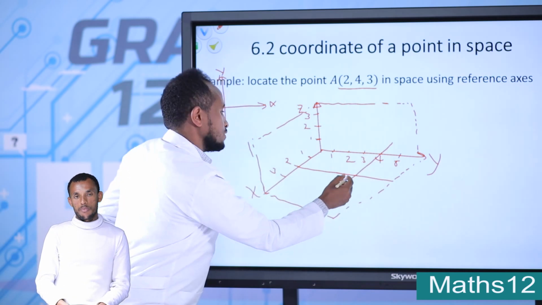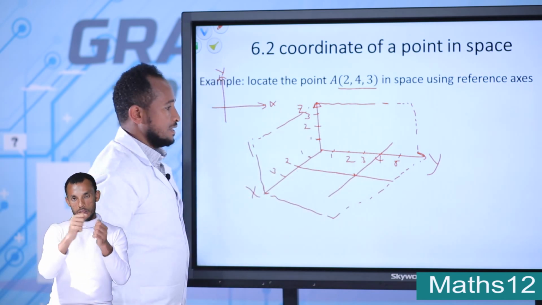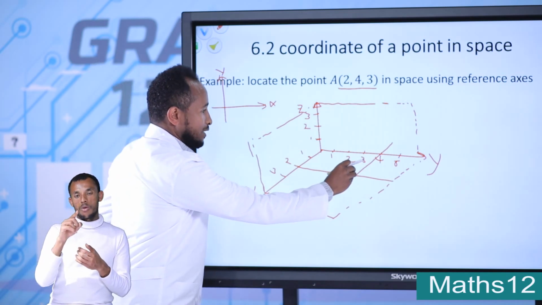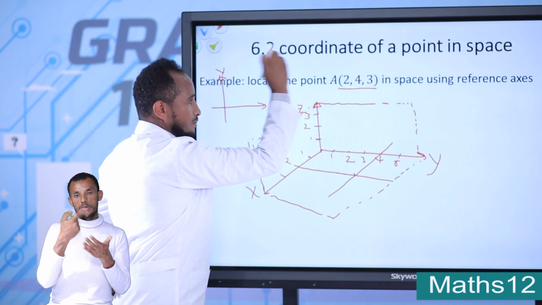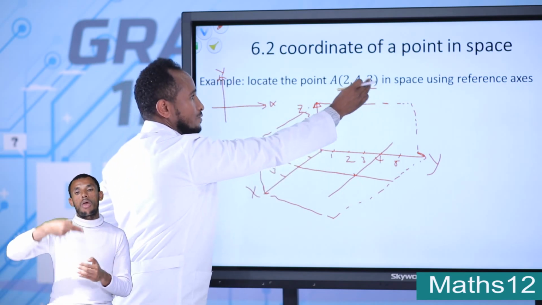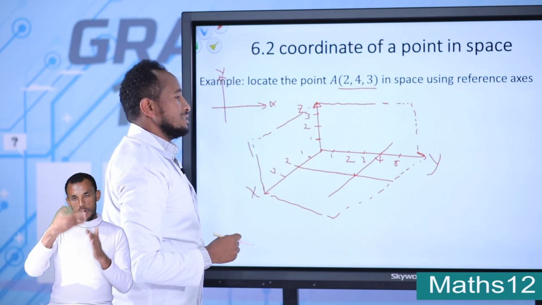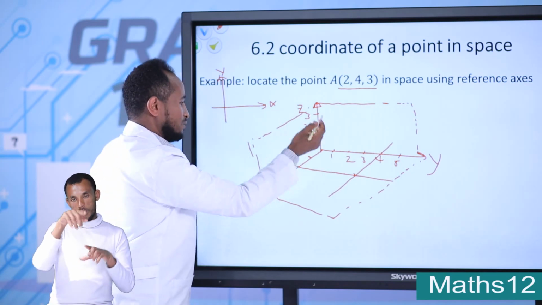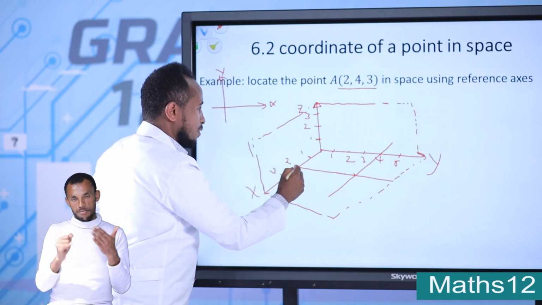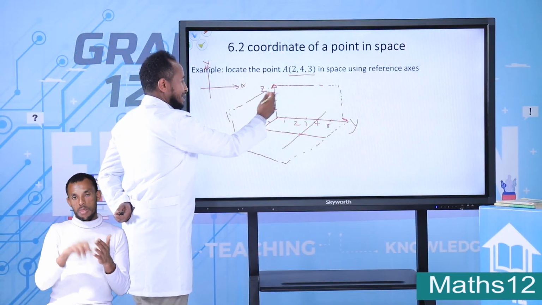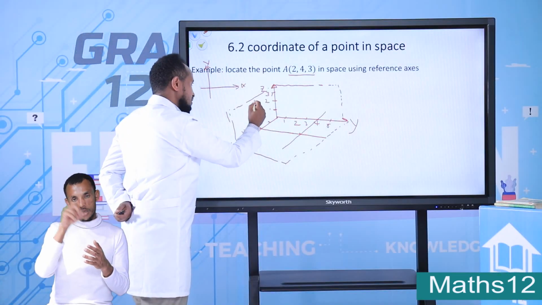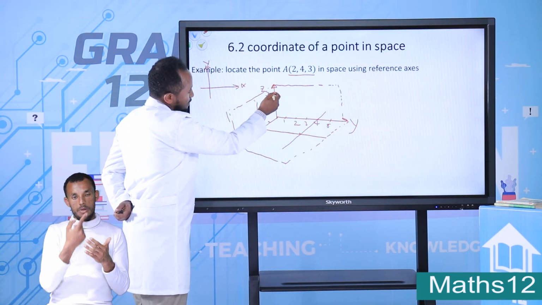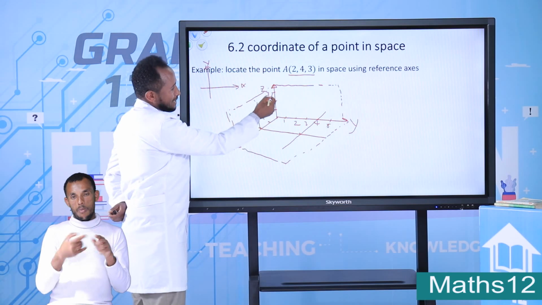So you will have the intersection here, and then lift this point up to the height of z, where the value of z is 3. Or you may draw like this: just draw from this point parallel to the z-axis with magnitude 3. From this, draw parallel to the x-axis.